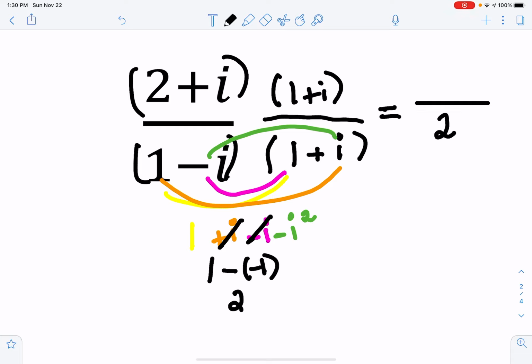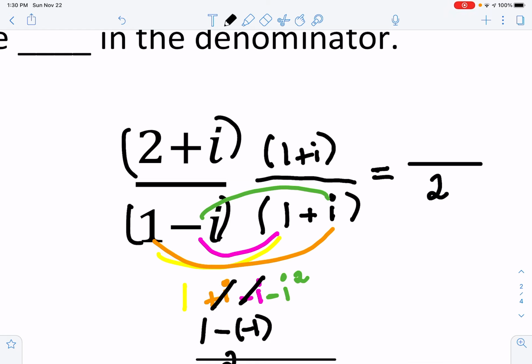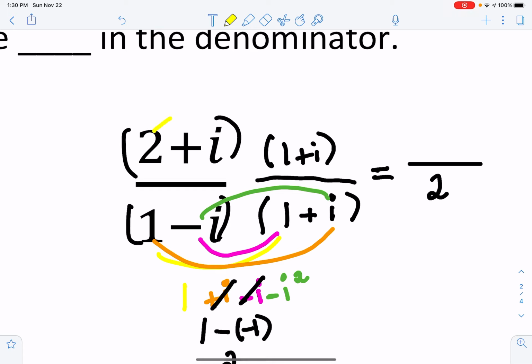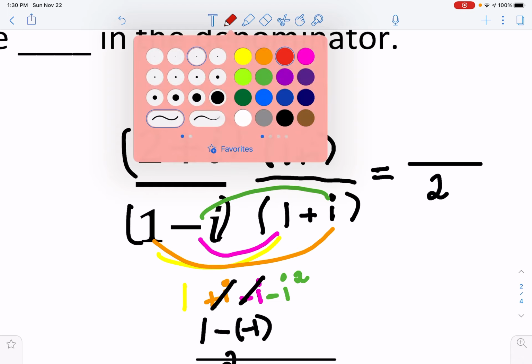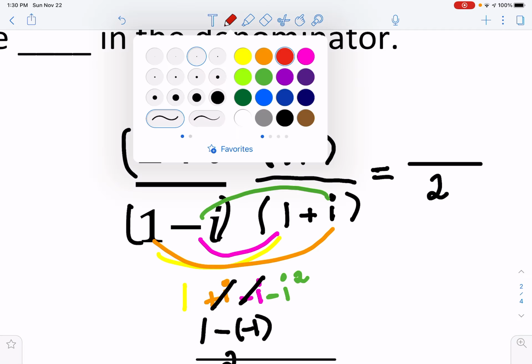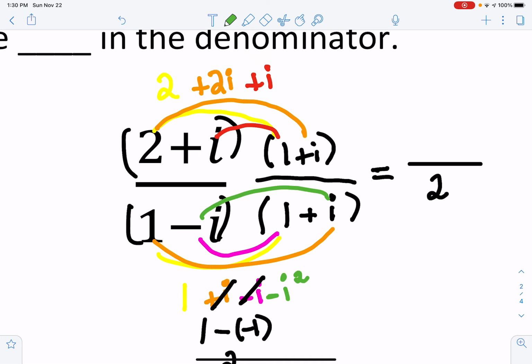Now we're going to do that distribution part in the numerator again. We're going to go 2 times 1 is 2. 2 times i is 2i. i times 1 is i. And then i times i is i squared, and it's positive. Now we're going to combine like terms.